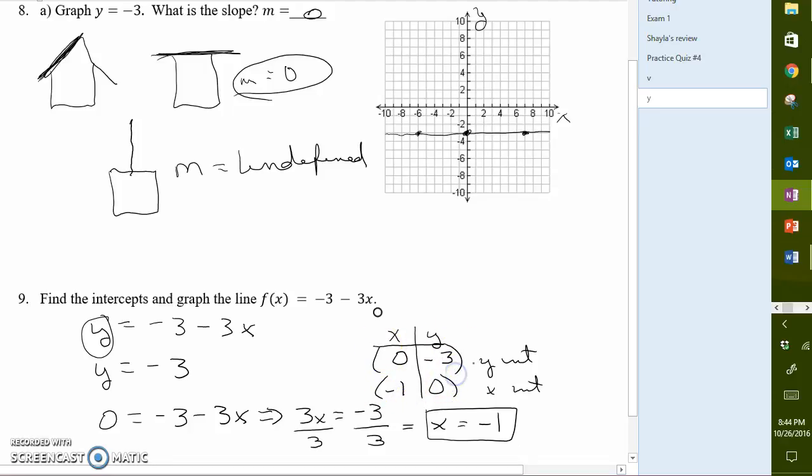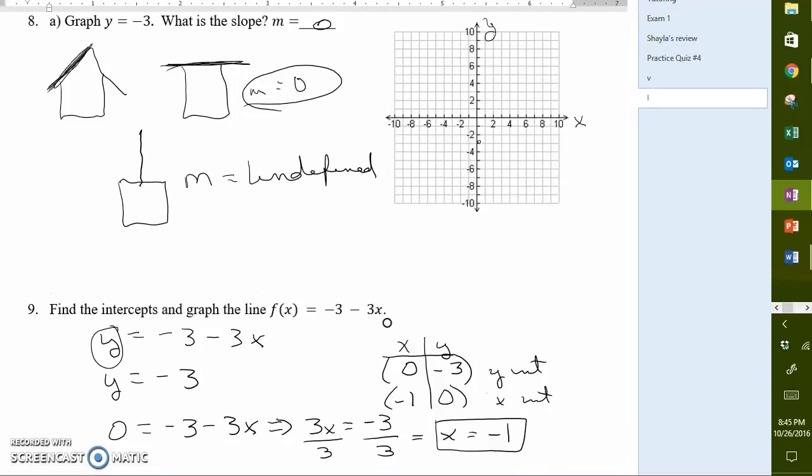And so there is our x-intercept. So we plot those points on our graph, and we can use the same graph that we had before. I just erased what we had on it before. So let's go to x equals 0, y equals -3. Here's that point. And then we go x equals -1 and y equals 0, and that point is right there.